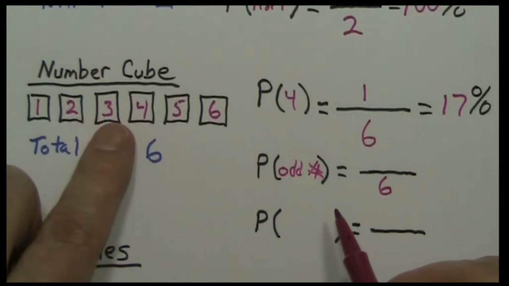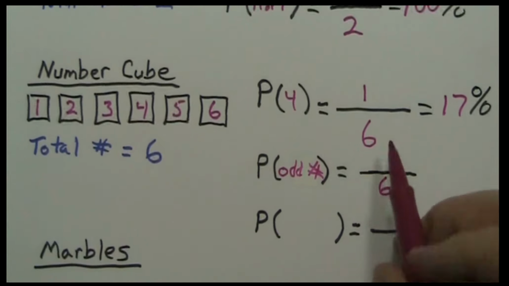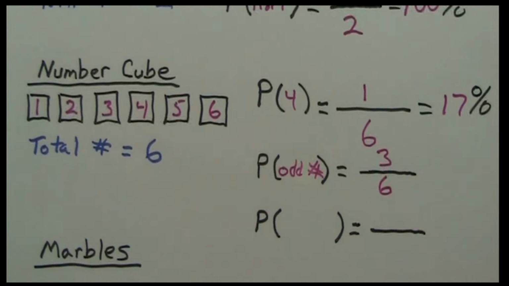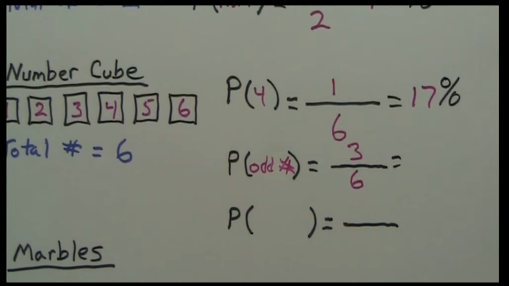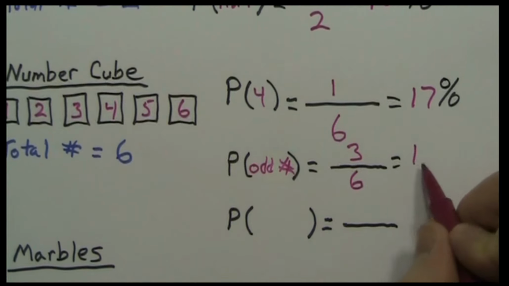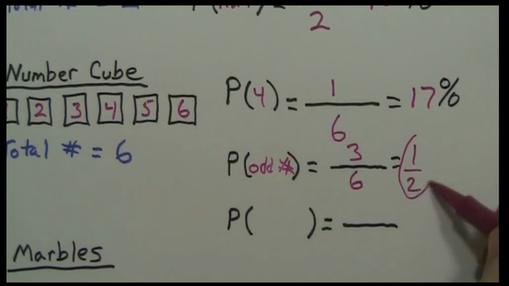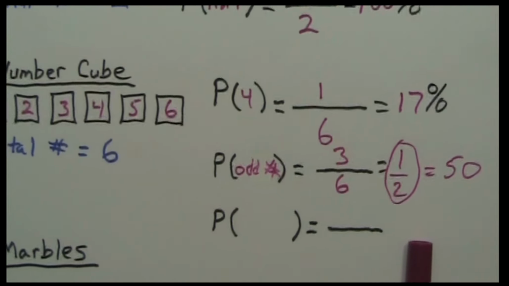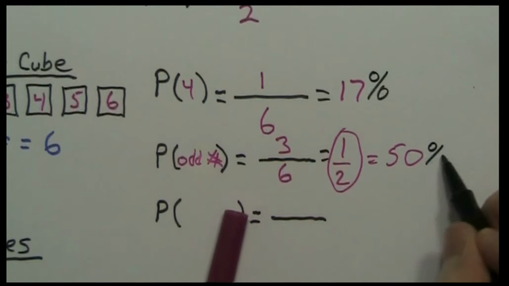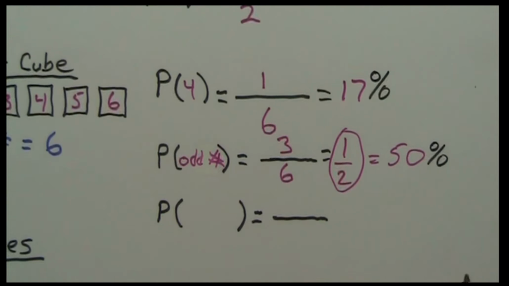Well, 1 is, 3 is, and 5 is. So there's 3 of them. So it's 3 out of 6. Many times on tests, they'll have you reduce it. That's the same thing as 1/2, and of course, we know that equals 50%. So you have a 50% chance of rolling an odd number.